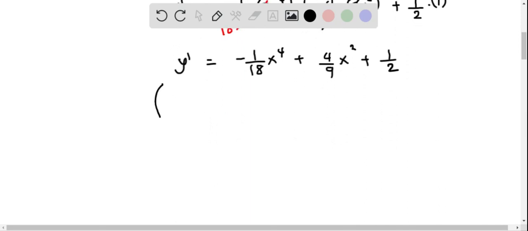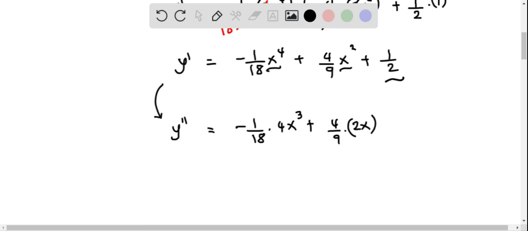Now let's find the second derivative. So we have to differentiate this y prime with respect to x, which is y double prime, and this equals, I put negative 1 by 18 times the derivative of x to the power 4, which is 4x cubed, plus I put the constant 4 by 9, and the derivative of x squared is 2x. And then the derivative of half, which is a constant, is 0.